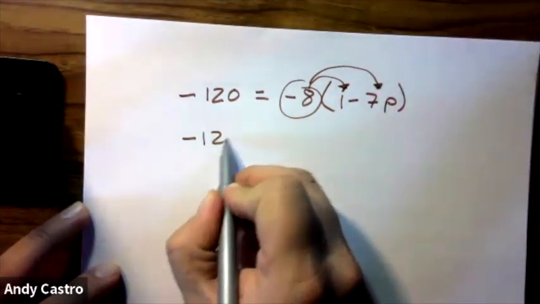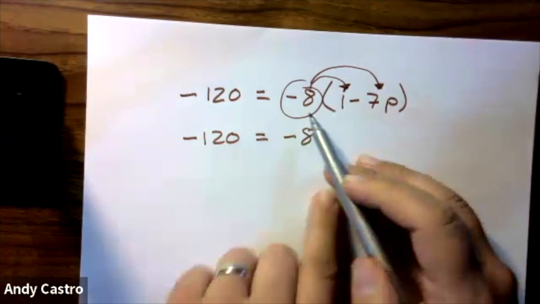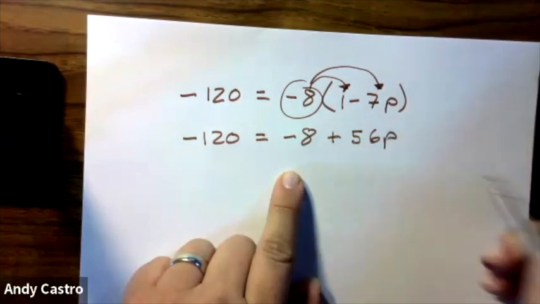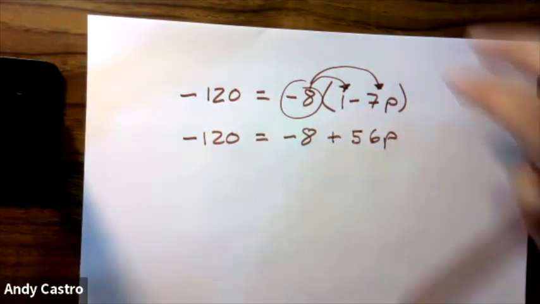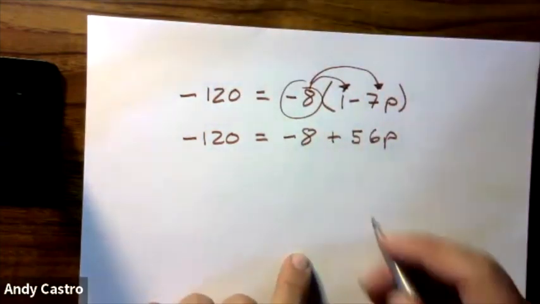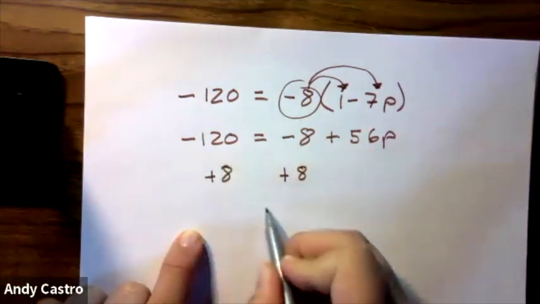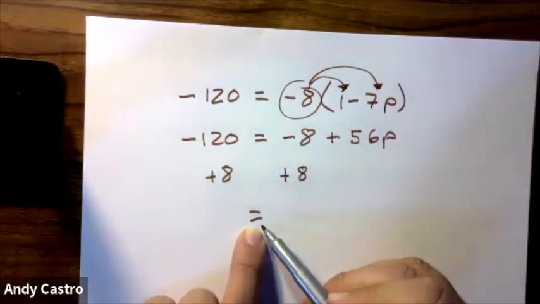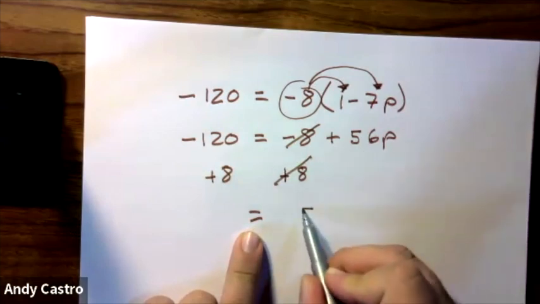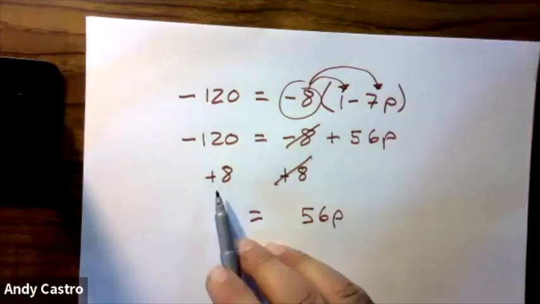So I have negative 120 is equal to negative 8 times 1, negative 8 times negative 7p. All right, then I'm going to add 8 to both sides. Keep those equal signs lined up. This negative 8 and positive 8 cancels. I'm left with 56 times p, and the negative 120 plus the 8.